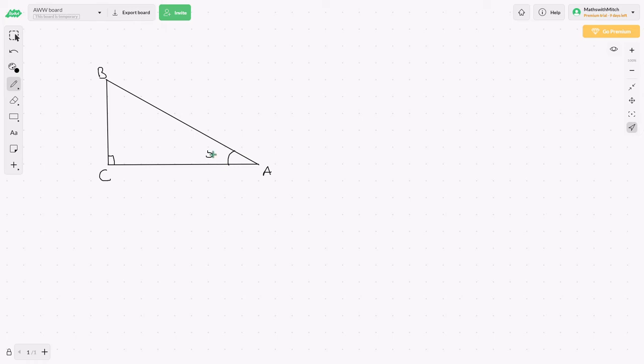Let's give this angle 53 degrees, and they may give you one of the other lengths, or they would have to give you one of the other lengths to solve it. So let's say this is 14 centimeters, and the question is find length AB.